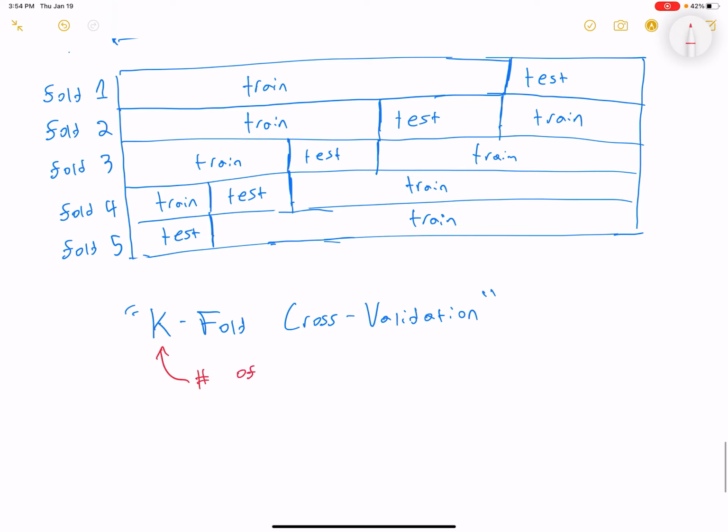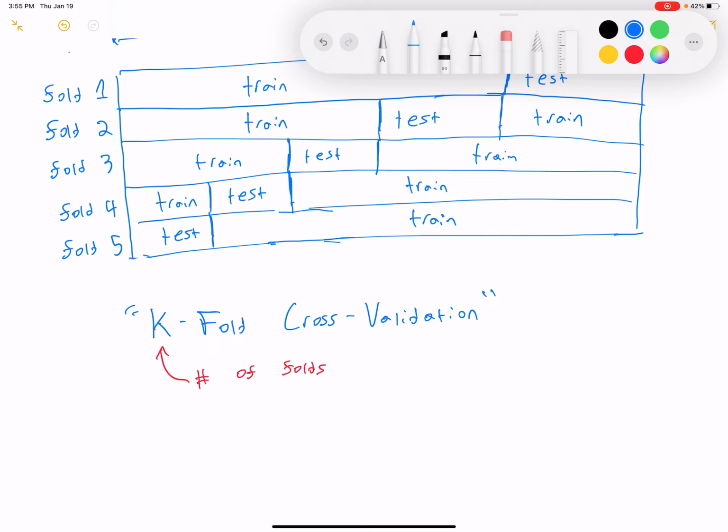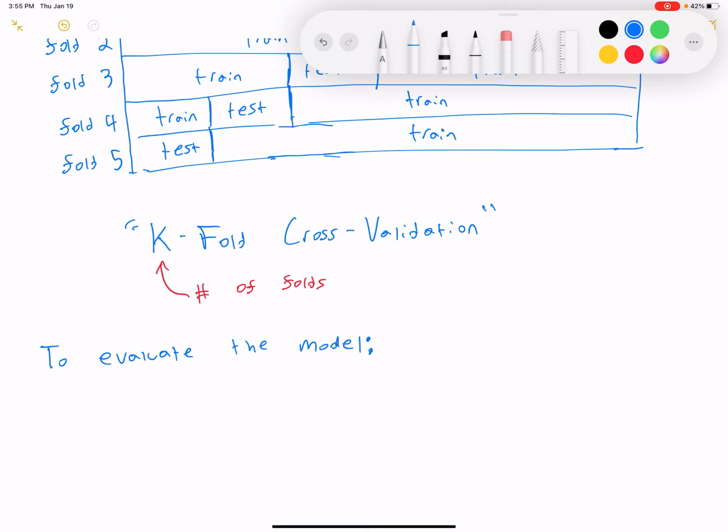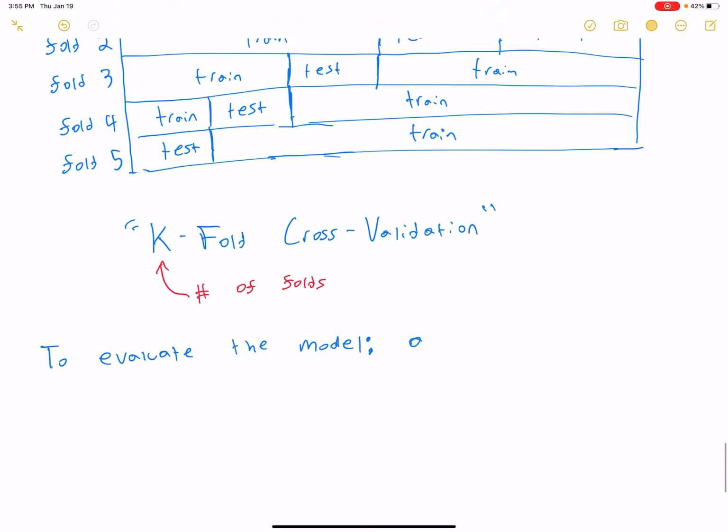And to evaluate the model, you average the performance over the K folds.